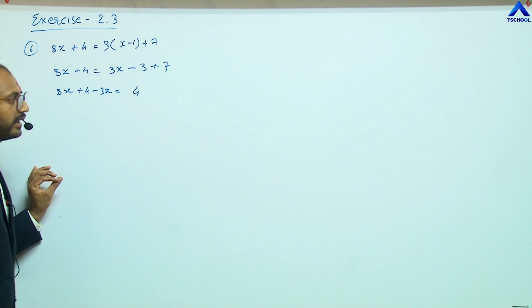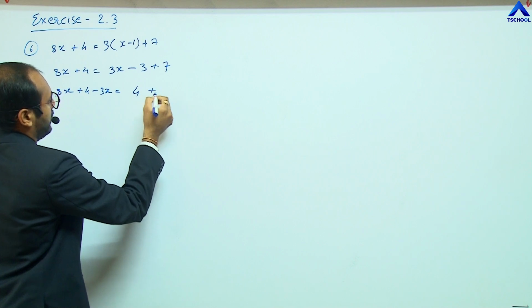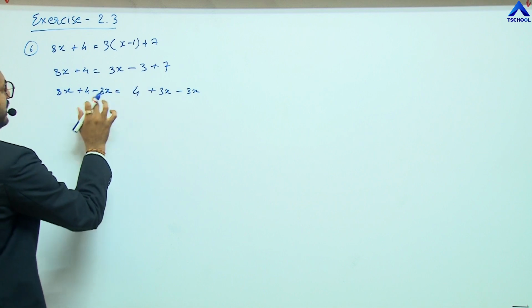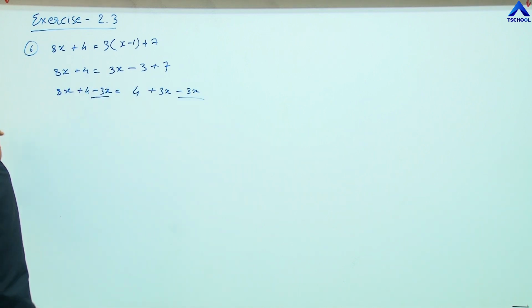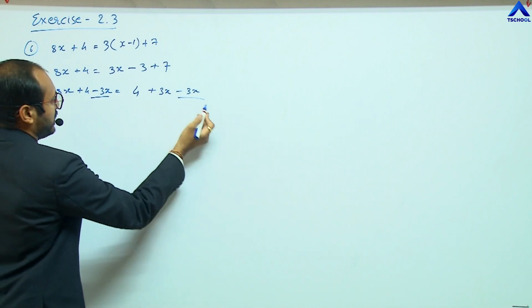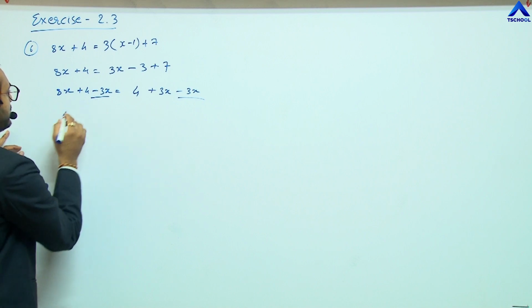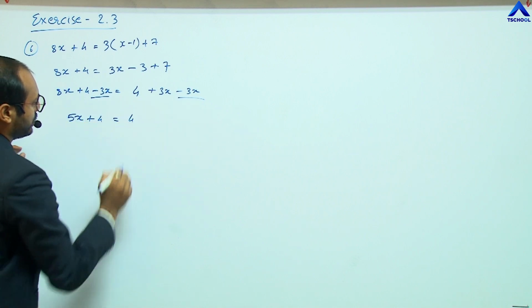Clear? Here is 3x and we are subtracting 3x on both sides to remove this 3x. Now this is 0 and here is 8x minus 3x. That is 5x plus 4 equals 4.